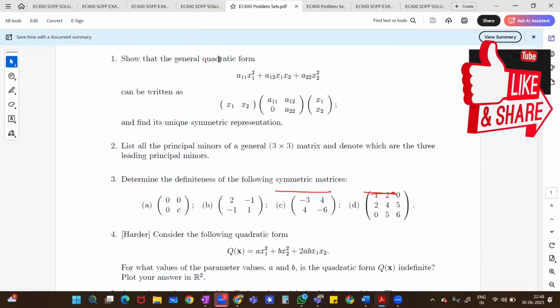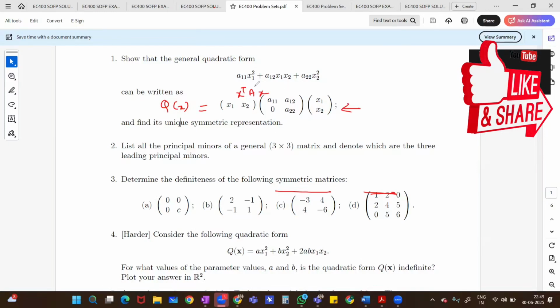So they are saying show that the general quadratic form can be written as X transpose AX. I need to show this, it's a proof. I just need to multiply it out and expand it, X transpose AX.